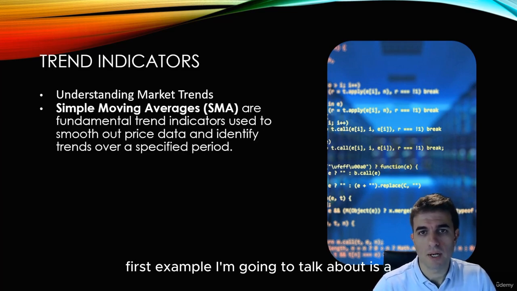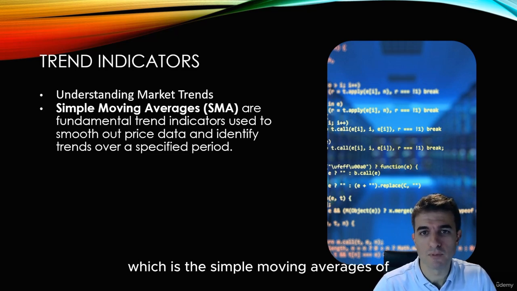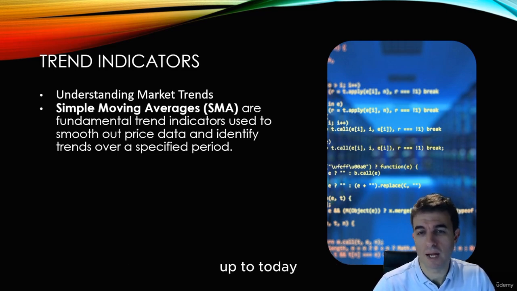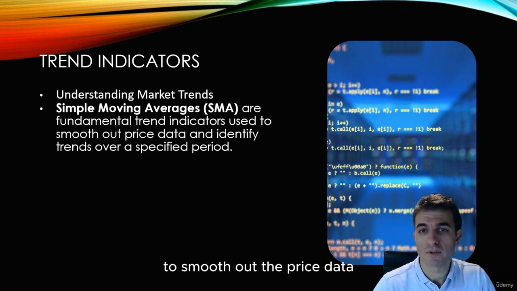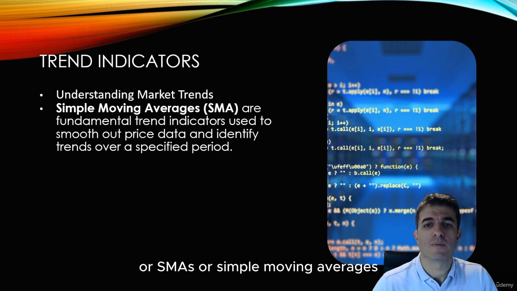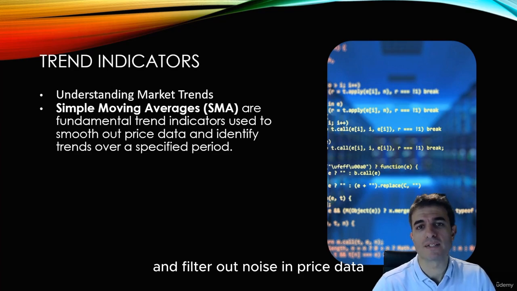The first example I'm going to talk about is a very widely used one, the simple moving averages. These are fundamental trend indicators. They are still being used up to today to smooth out the price data and identify trends over a specified period. SMAs, or simple moving averages, provide a very reliable way to identify trends and filter out noise in price data.